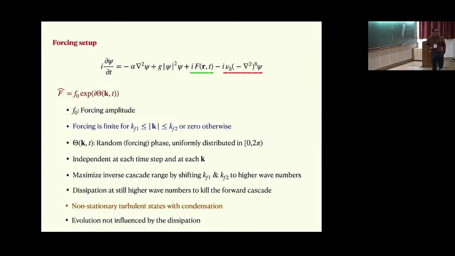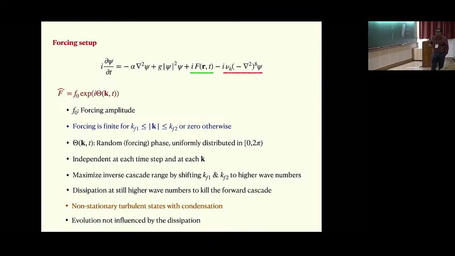Otherwise, it's 0. So we are in a 3-dimensional setting, and I force a shell, and I use this theta as a random phase, uniformly distributed between 0 and 2 pi, independent at each time step and in each k.